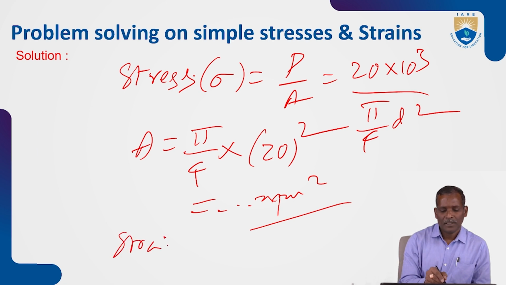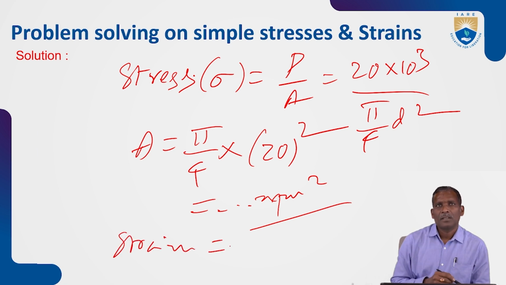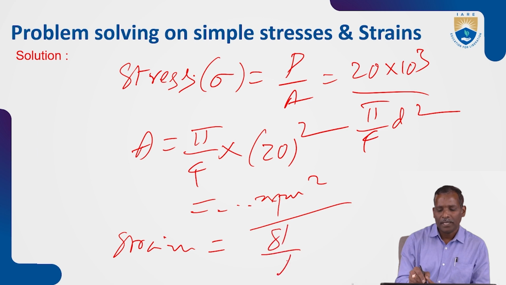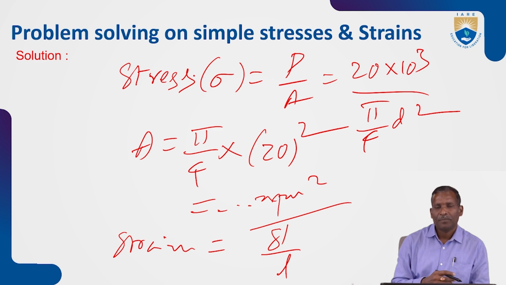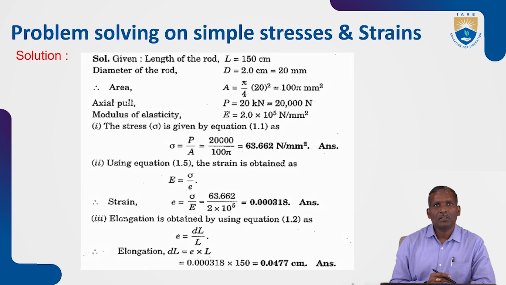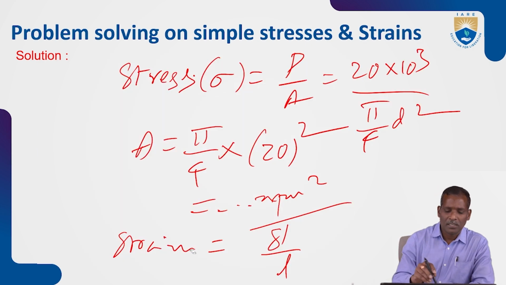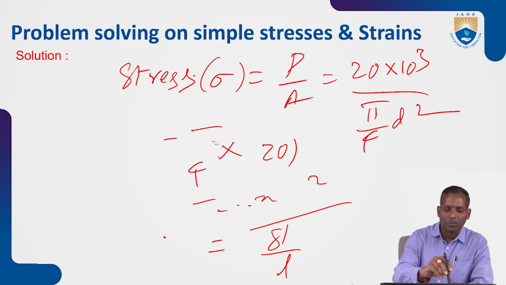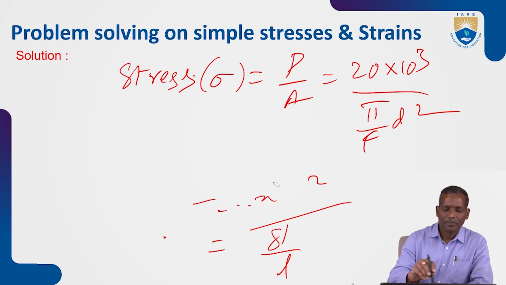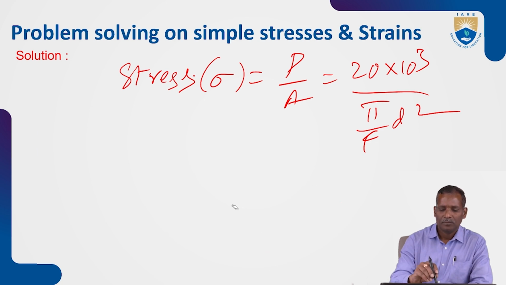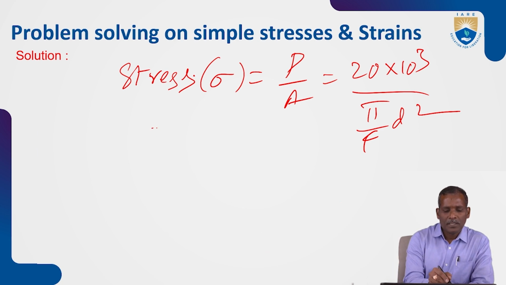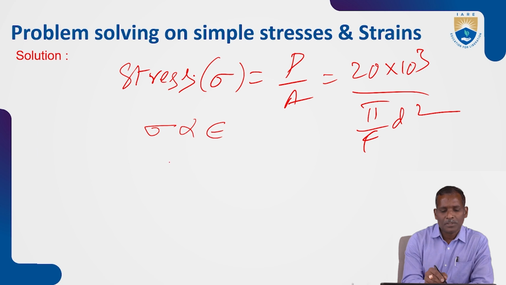Similarly, strain is equal to delta L by L. But the elongation you don't know. So how do you calculate the strain? You know Hooke's law relationship: stress is directly proportional to strain.